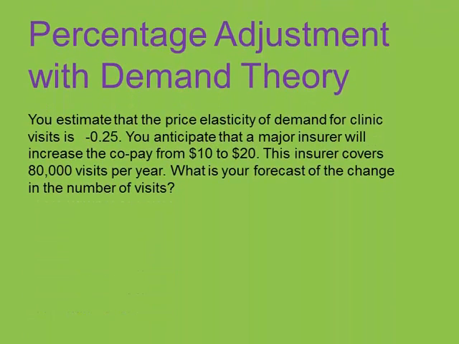Now, let's look at those 4 methods of how we are going to forecast, kind of our 4 tools, if you will, for forecasting. The first one we're going to look at is percentage adjustment with demand theory. So, best way to look at it is with a question or a scenario. You estimate that the price elasticity of demand for clinic visits is a negative 0.25.